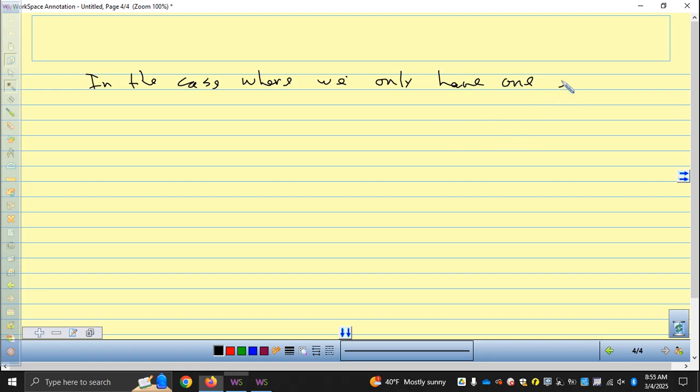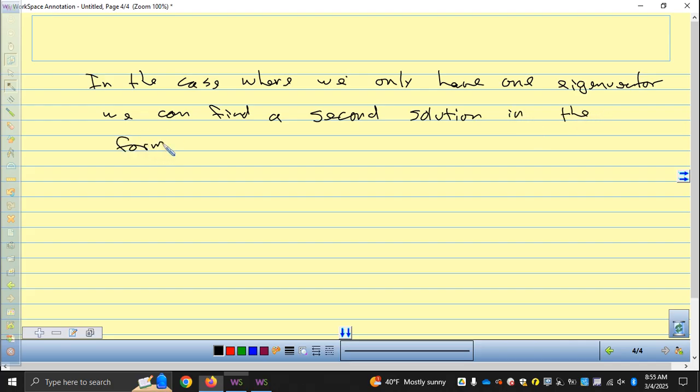So we only have one eigenvector. We can find a second solution in the form x2 equals the eigenvector that we can find, k t e to the lambda 1t, plus some other vector, p e to the lambda 1t.